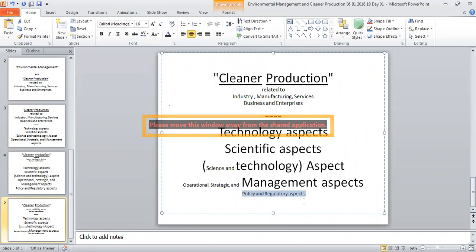Waste can be solid waste, and also there can be energy waste. Also there can be emissions like carbon dioxide, which have grave environmental issues related to global warming. Cleaner production.